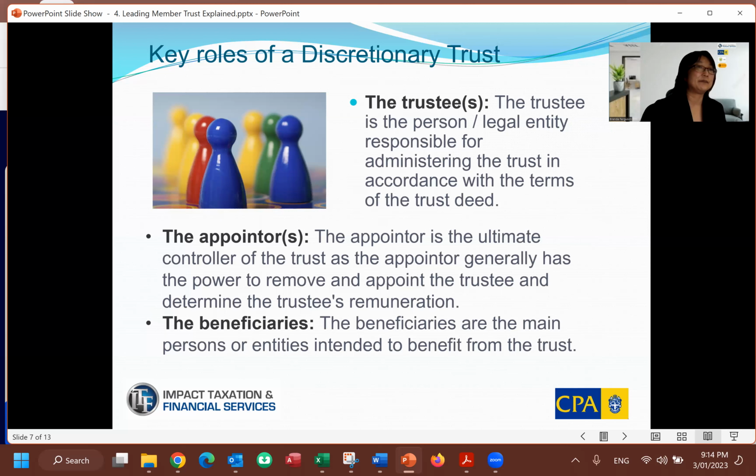Especially when there's no asset in the corporate trustee. So when we set up a family trust with a corporate trustee, it shouldn't have an ABN. This is a common mistake.